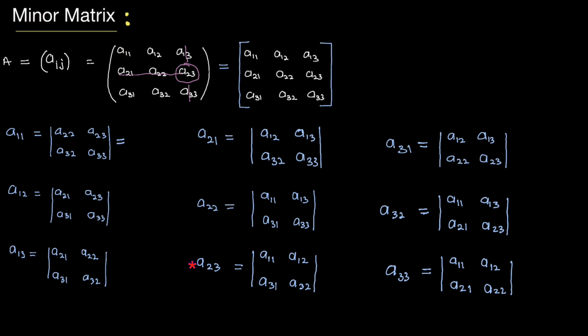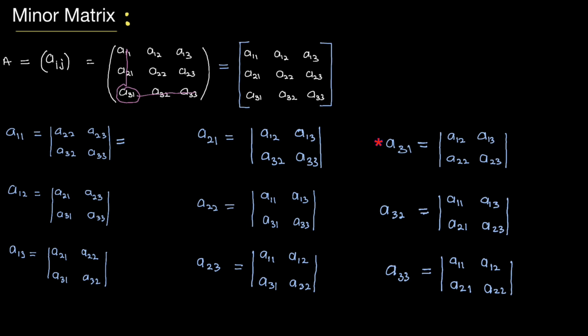Each element has its own minor matrix. Now let's do the minor matrix for A31. Draw a vertical line, horizontal line. Any element left will be an element in the minor matrix for A31, and that would be A12, A13, A22, A23.